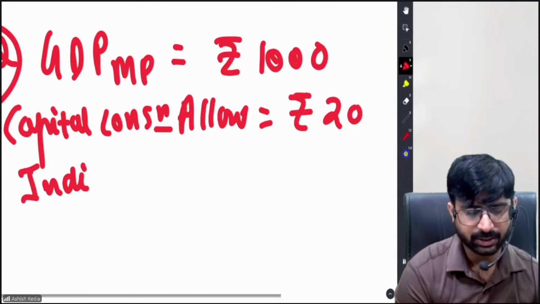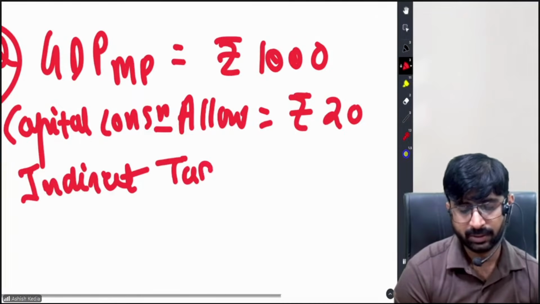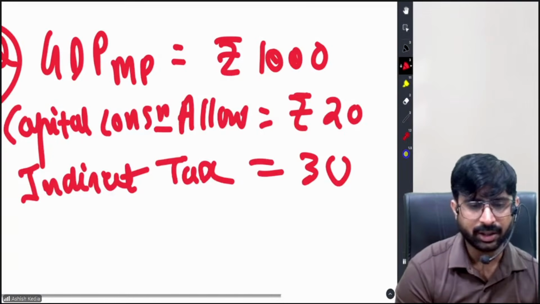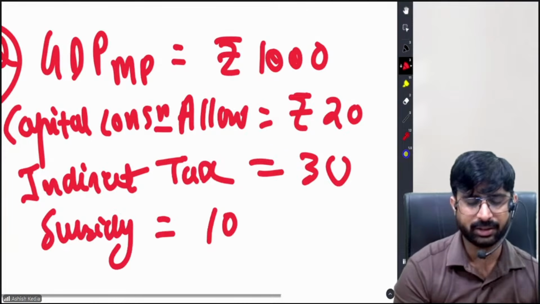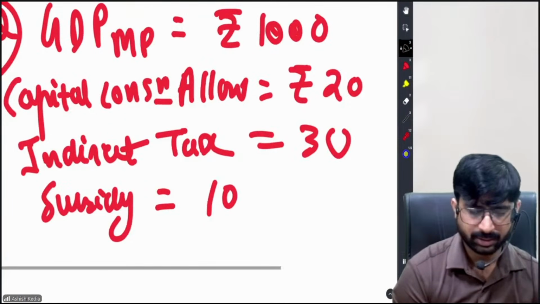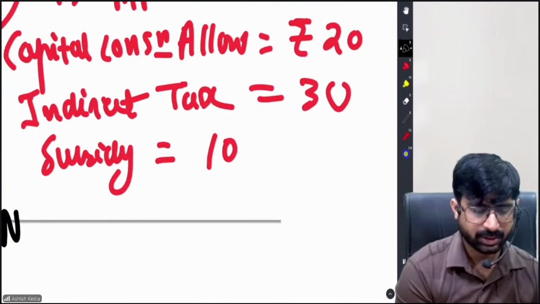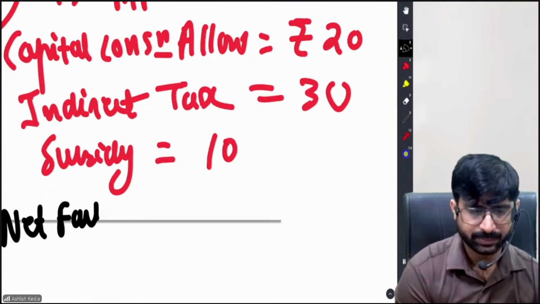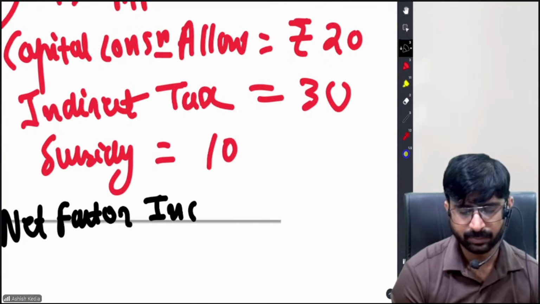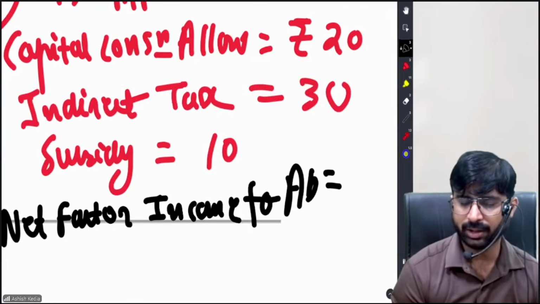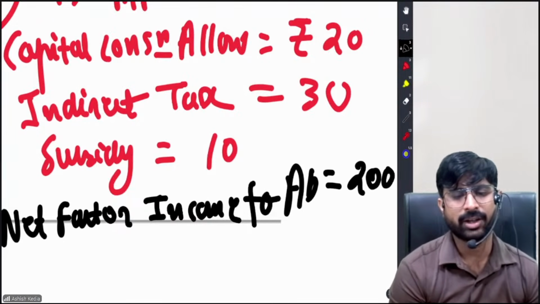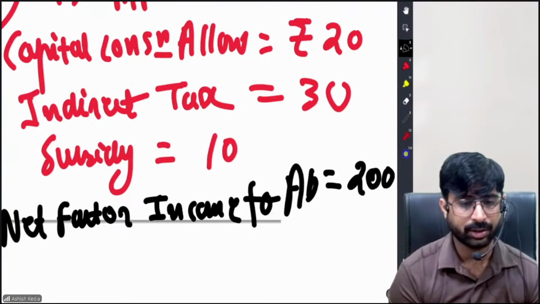Indirect tax is 30. Subsidy is 10. Net factor income to abroad is 200.